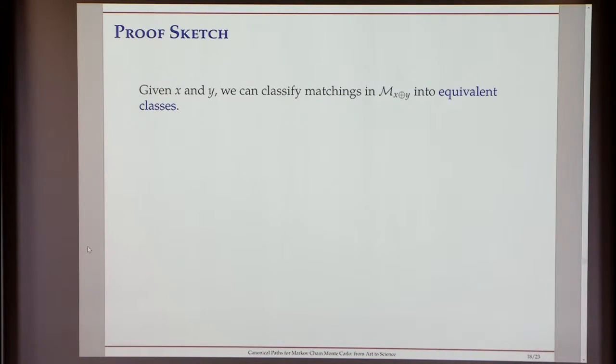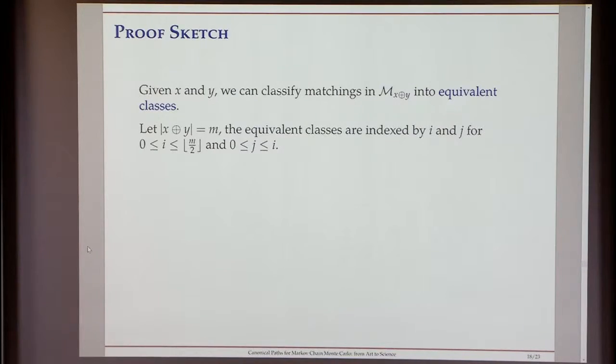This theorem only applies to symmetric functions. In fact, the crucial observation is that for each x and y, we don't need to consider too many values of b_{x,y,m}. So we can classify matchings in the partitions of x or y into some equivalence classes.